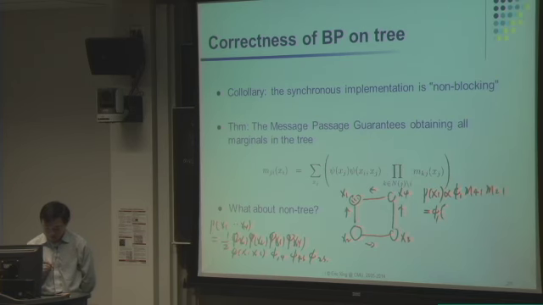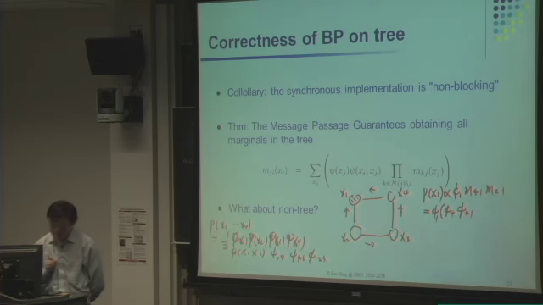Let's put a bracket here. What is m4 to 1? This message, basically, it should be phi 5, 4, and 5. Okay, it also has to have a 5, 4, 1, right?